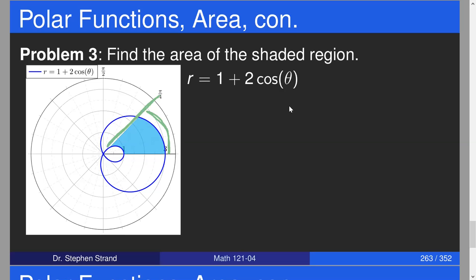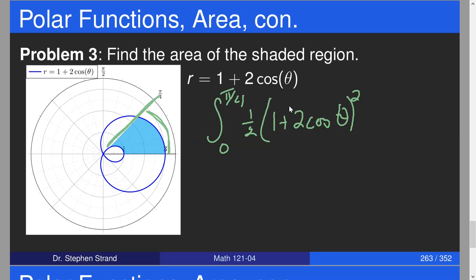So we know that the first integral is going to be the integral from 0 to pi over 4 of 1/2 times 1 plus 2 cos theta squared d theta, right? Okay, and then what we're going to need to do is subtract some other integral.